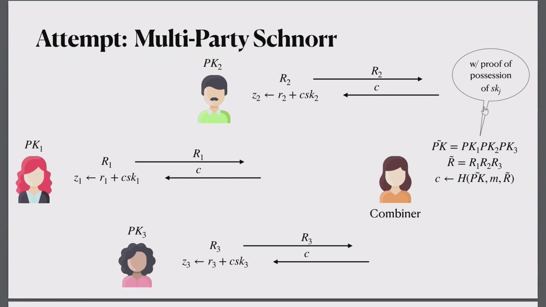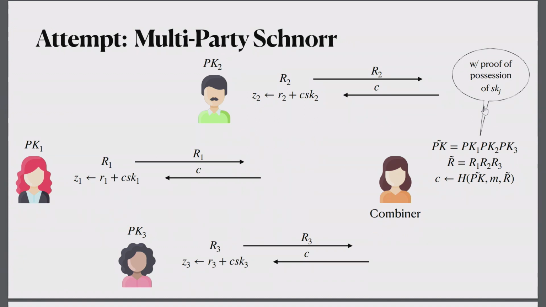Now the combiner can take the public keys and multiply them together to form the aggregate public key representing the 3 parties. We are going to include proofs of possession throughout this talk, so everybody is going to prove knowledge of their secret key, and that's how you can just multiply the keys together without any kind of rogue key attack. The combiner also creates an aggregate nonce, which is just the multiplication of each party's individual nonce.